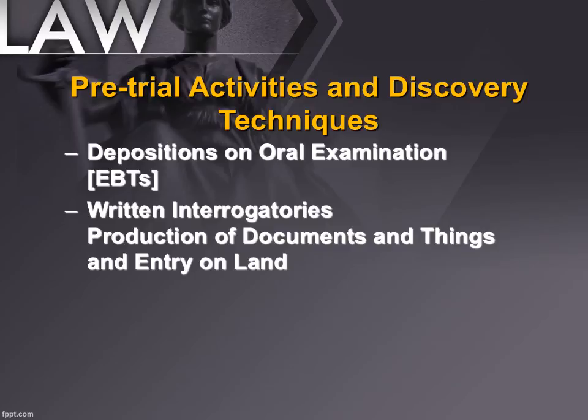So when you ask for a production of documents and things, and perhaps entry on land where they can take photographs and the like, you ask the party to team it up with a notice to admit, A-D-M-I-T, meaning the validity of the item being presented. So that, for instance, if you say, here are my x-rays, and yes, they are the valid x-rays of my sternum or whatever, you're admitting the reliability of the item being produced under the subpoena duces tecum.